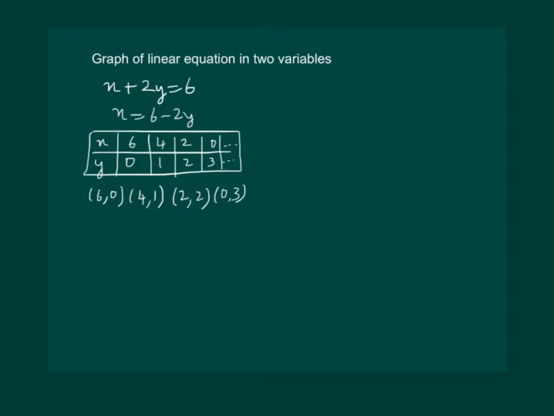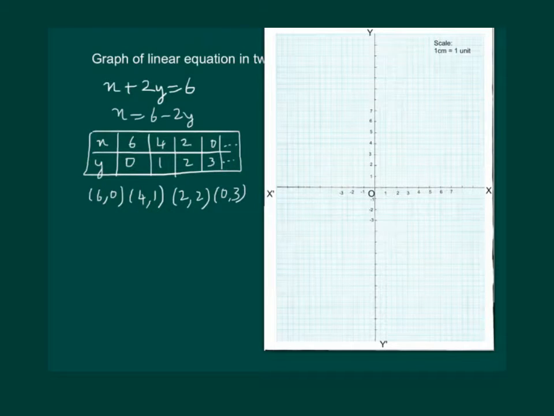We have learned in our previous chapter how to plot the points on the graph paper. So now let us take a graph paper. Take scale as 1 centimeter equal to 1 unit and prepare the graph.